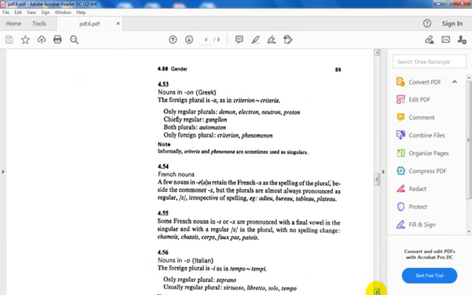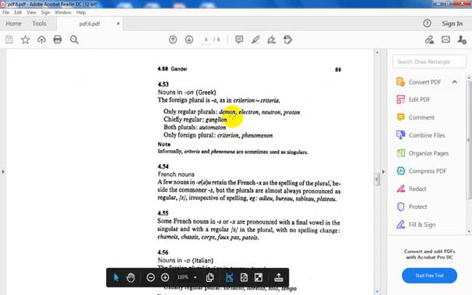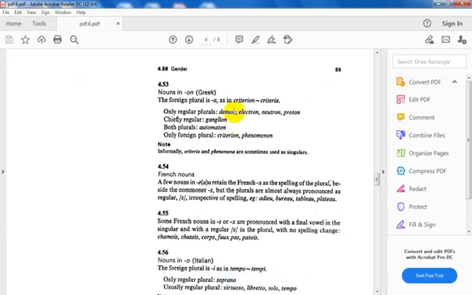Nouns in ON, again they are Greek nouns. If the noun ends with ON, like criterion, this ON becomes A. Criterion, criteria. Only regular: demon, demons, though they end with ON, but I will add S when pluralized. Demon, demons, electron, electrons, neutron, neutrons, proton, protons.